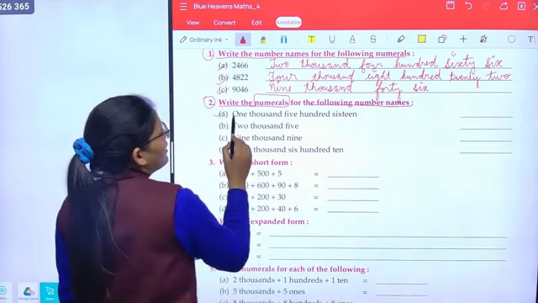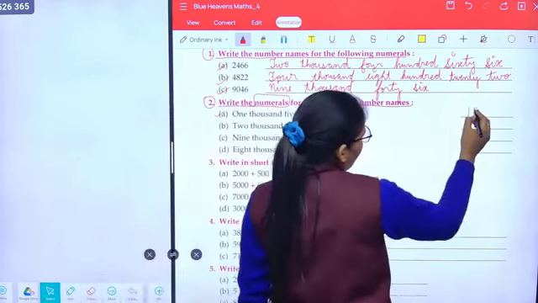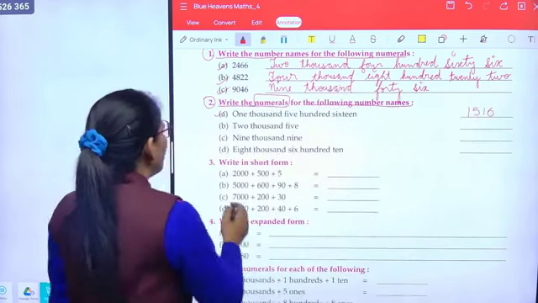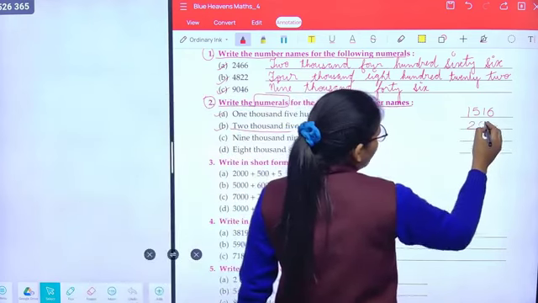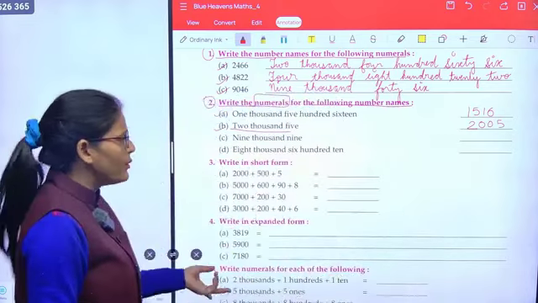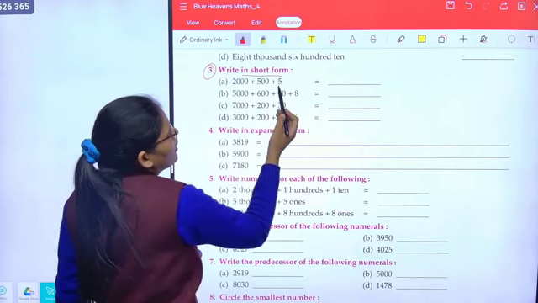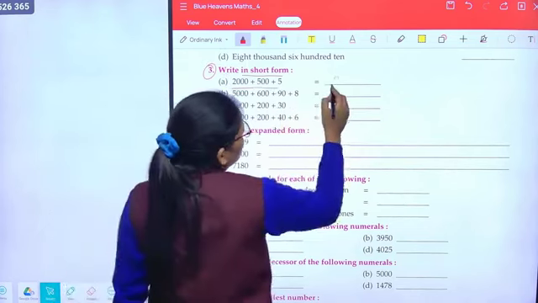Now question number 2, write the numerals for the following number names. Okay, now 1516. Understand, class? Now 2005. Understand? Rest of the parts, do yourself. Now question number 3, write in short form. So it is 2505.